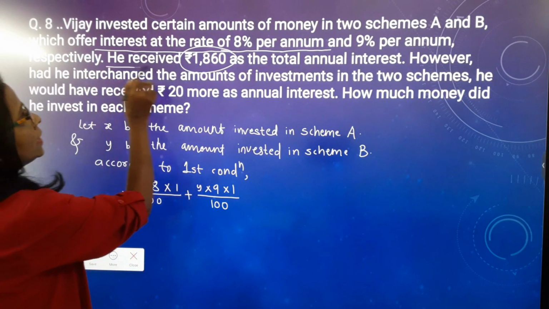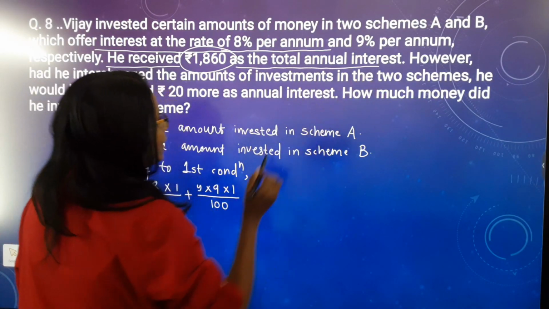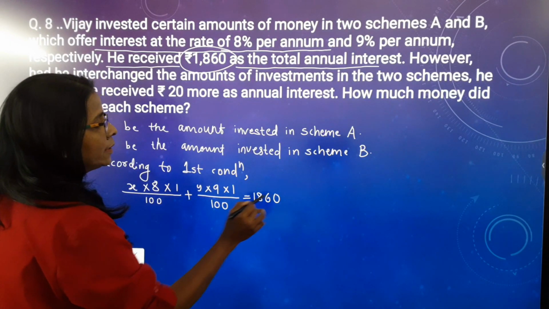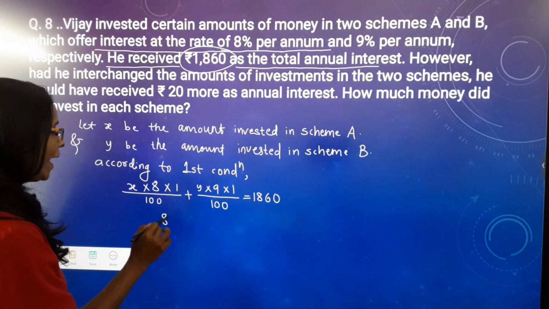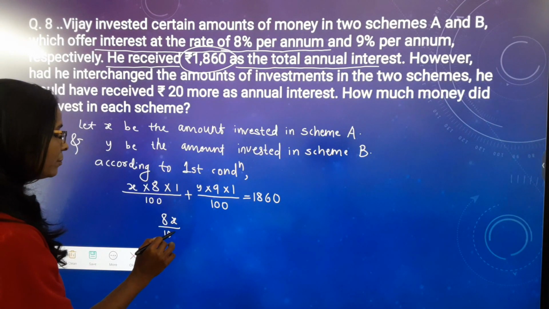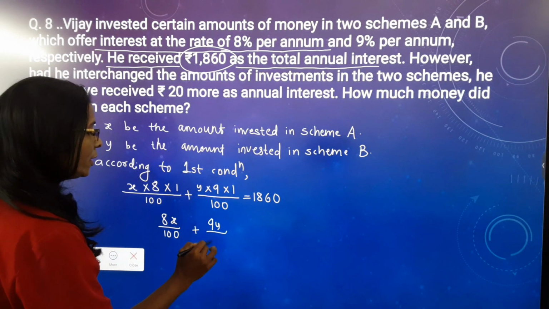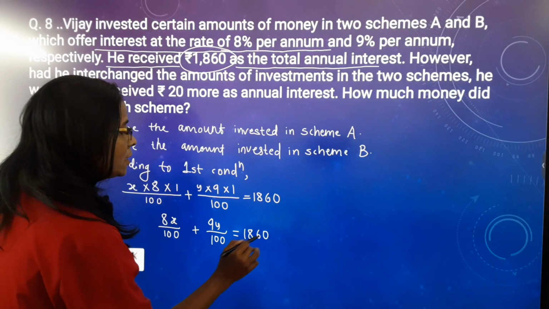See here, he received 1860 as the total annual interest. So I write 1860. So now 8x upon 100 plus 9y upon 100 is equal to 1860.